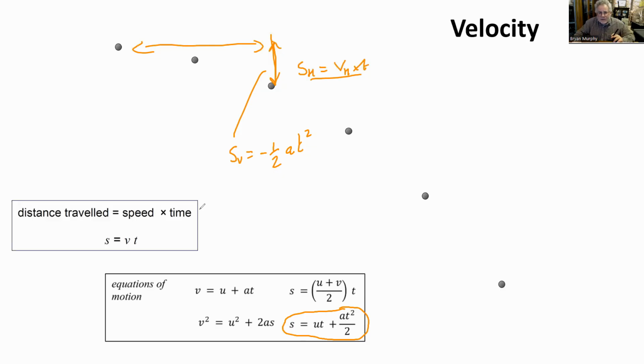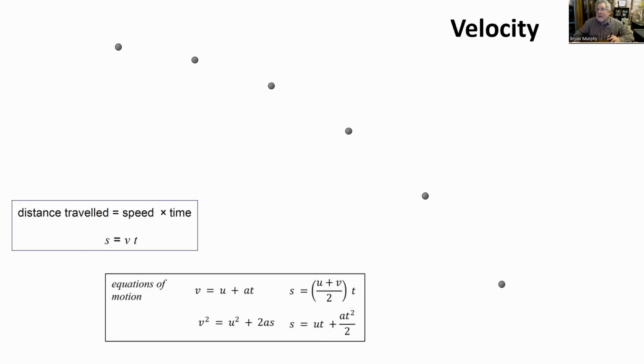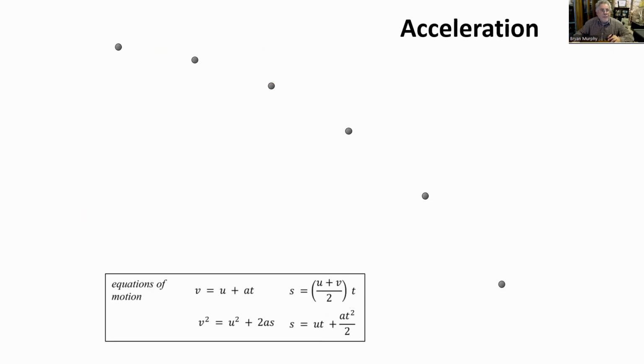A is negative, the acceleration due to gravity, because S is below where it started from. Okay, so that is quite tricky, actually. The easy one is that one, because I don't mind where it is. The acceleration is always downwards, because we are ignoring air resistance. It is minus 9.8 meters per second squared.